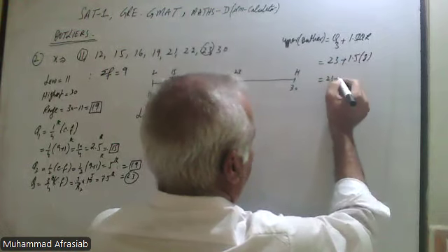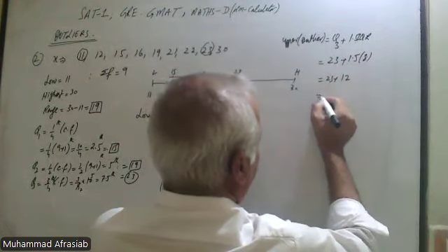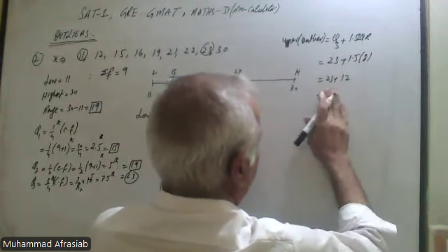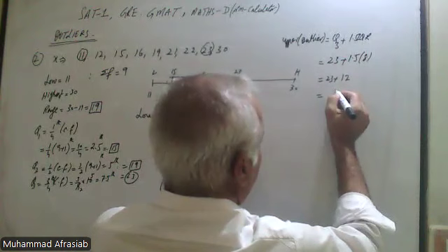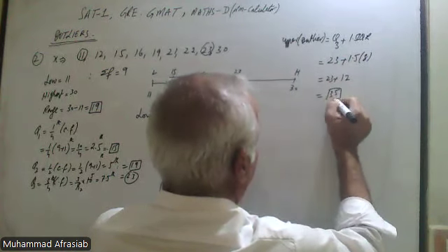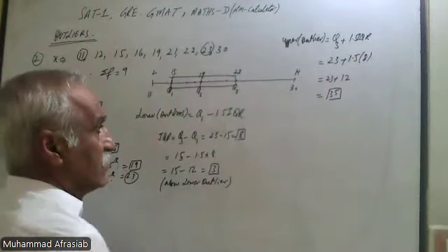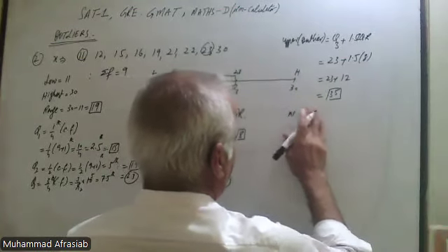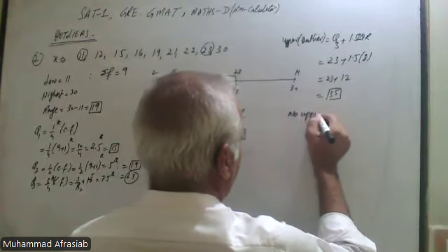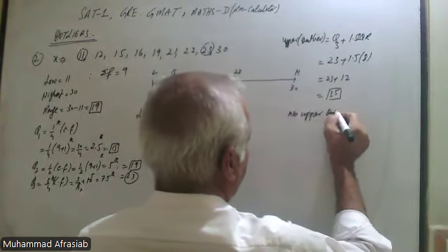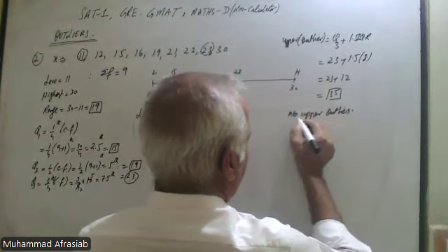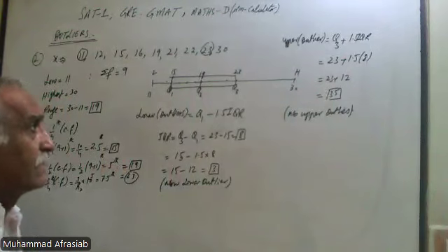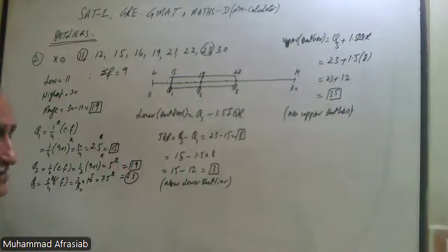So 23 plus 12, and that is equal to 35. That is not in the range of that. So no upper outliers. If it lies beyond this value, then it will be the upper outlier of that data.